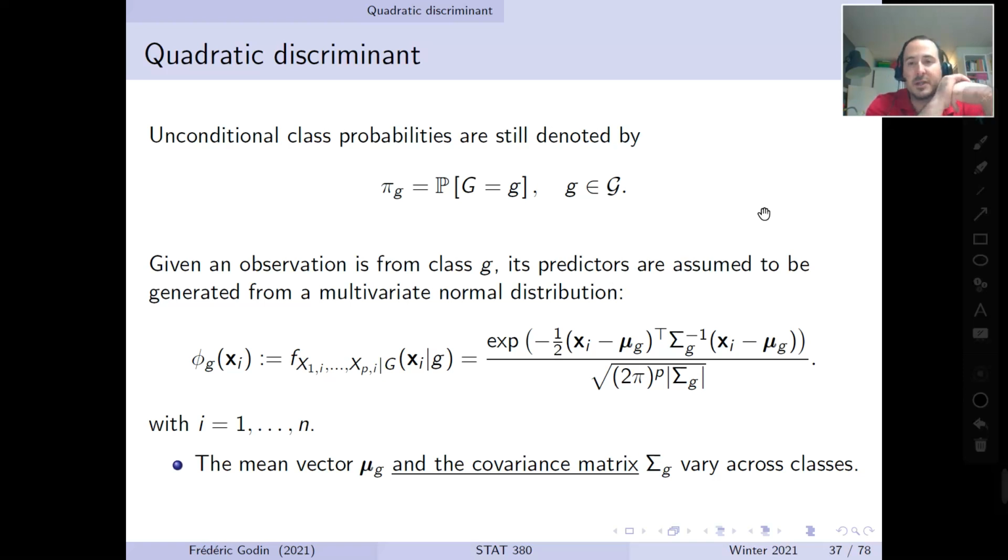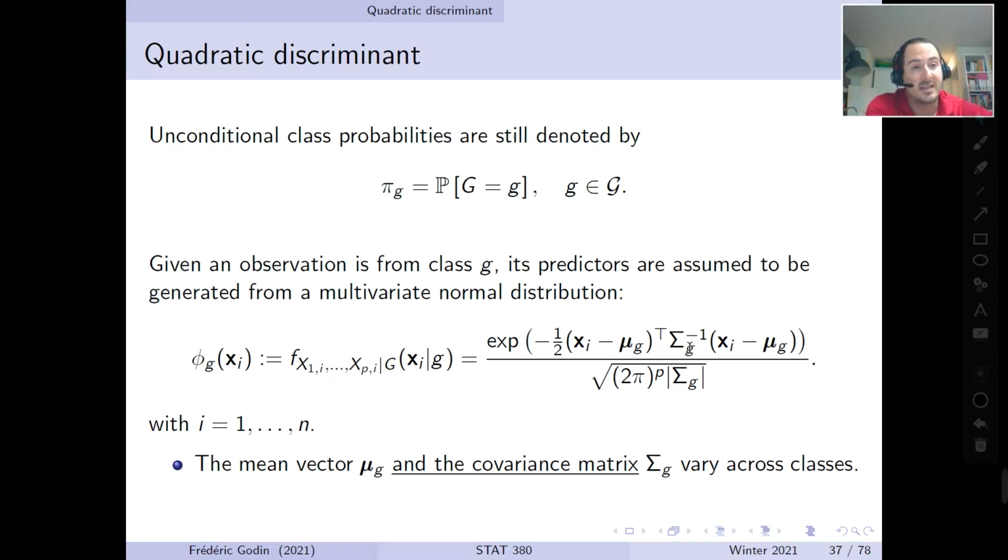Okay, so the assumptions underlying quadratic discriminant analysis are analogous to those from the LDA. We're still going to denote by pi g the unconditional probability that an observation is from class G. And then we're going to assume that given an observation is from class small g, the distribution of its predictors is still multivariate normal, but this time with a mean vector mu g, which depends on g, but a covariance matrix which also depends on g.